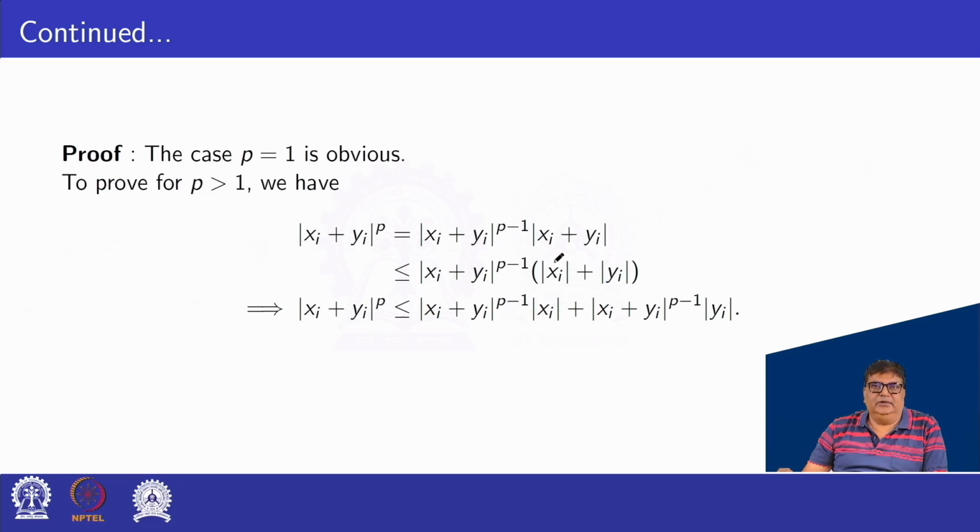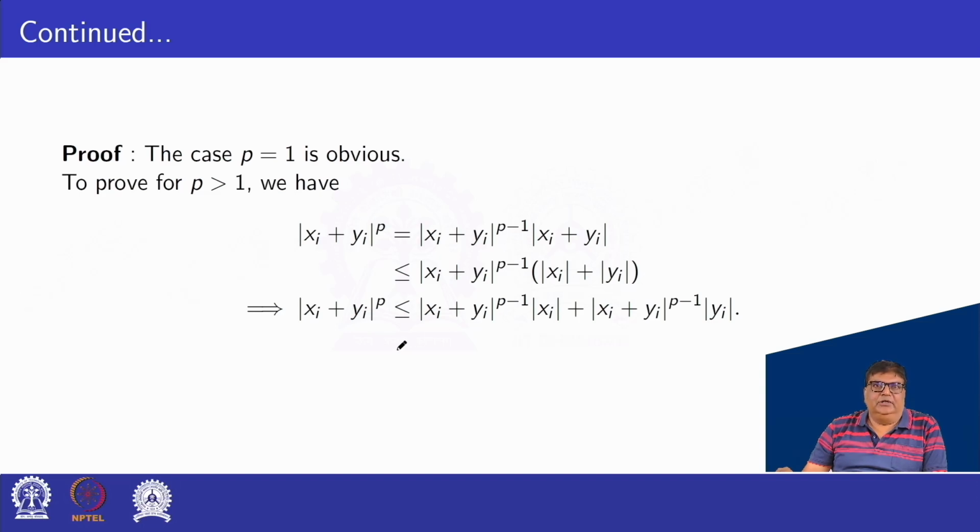We can write this as less or equal to, as above, since |xi + yi| ≤ |xi| + |yi|, that is, in total, less or equal to |xi + yi|^(p-1) into (|xi| + |yi|).